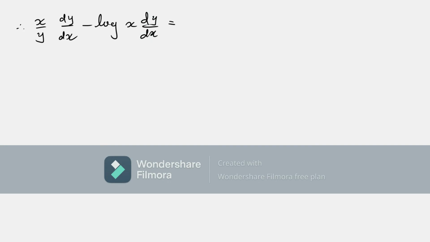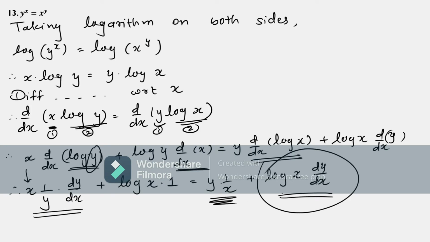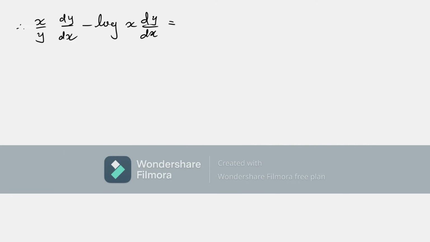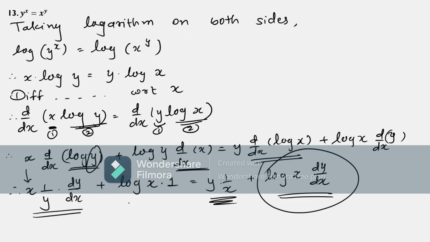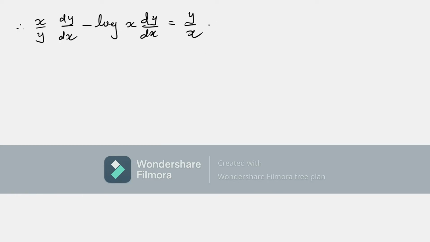Still I have on the right hand side y by x as it is, and one more term is there, which is log x into 1, which is log x, will go to the right hand side, so that is why log x. So ultimately we just kept the dy by dx terms on the left hand side and the other terms on the right hand side.